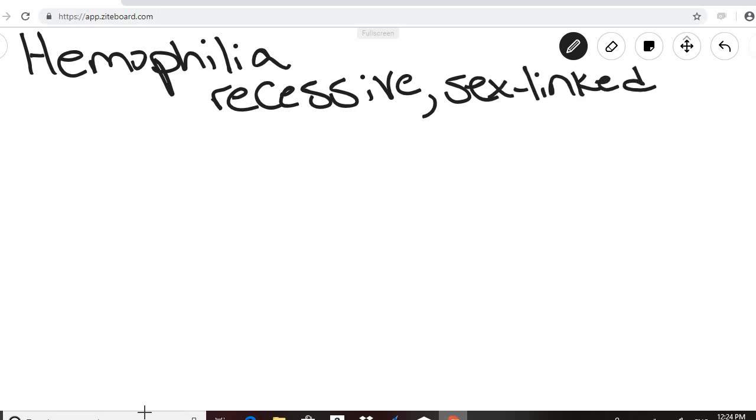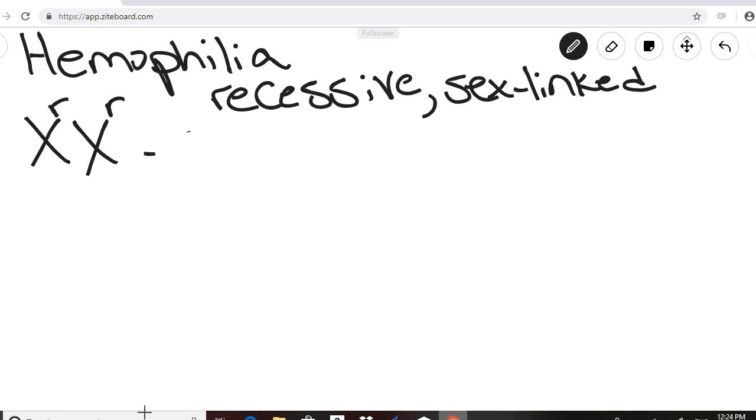Okay, so if you're a female, the only way that you could have hemophilia is if on both X chromosomes there is a lowercase r.